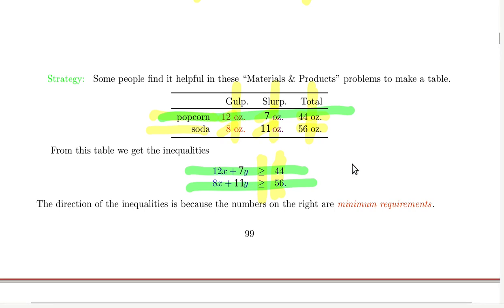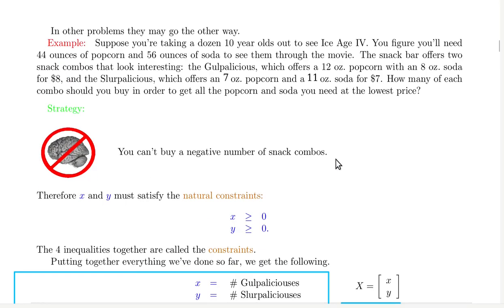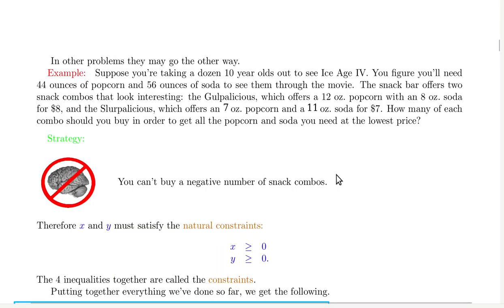Okay. There is one other thing. It's just a common sense thing that we do have to make a note of because it is a requirement, which is that you can't buy a negative number of Slurpaliciouses and Gulpaliciouses, right? In other words, you can't manufacture a snack pack and sell it back to the snack bar, right? That's illegal.